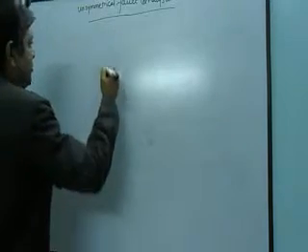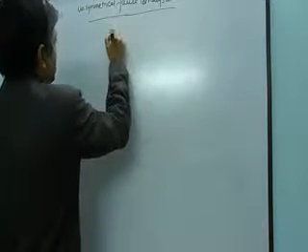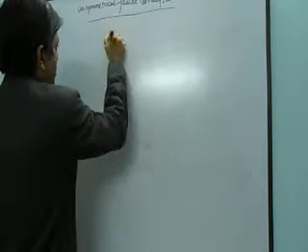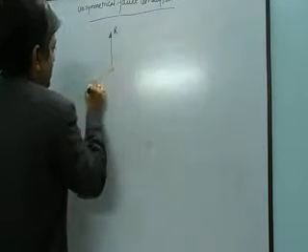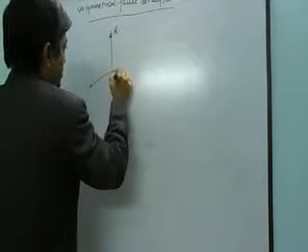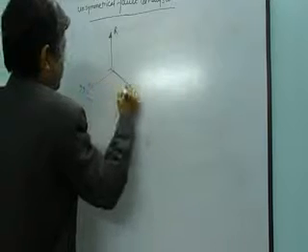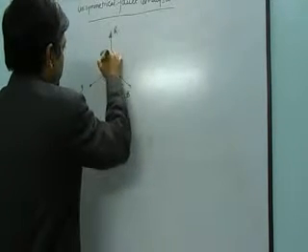Now suppose due to fault, this is the symmetrical R, Y and B phases 120 degrees apart.